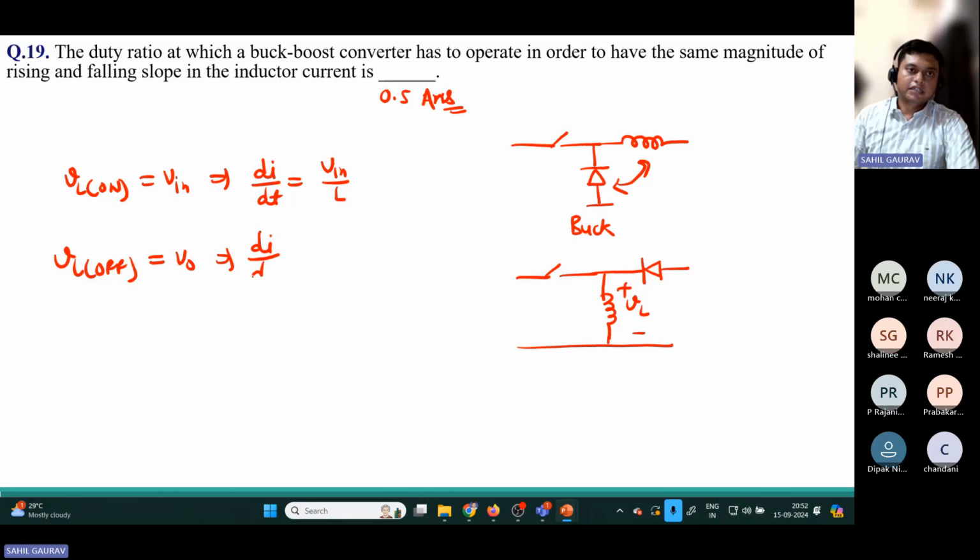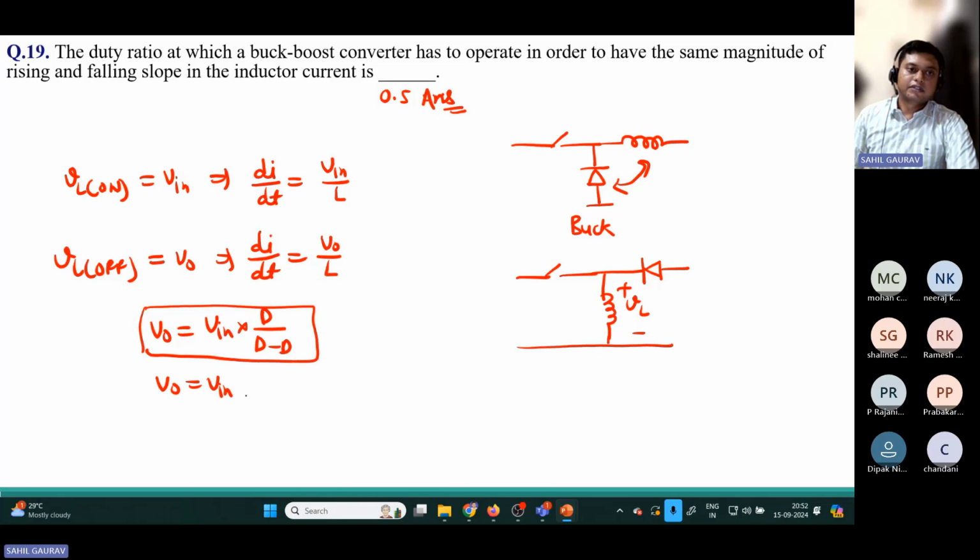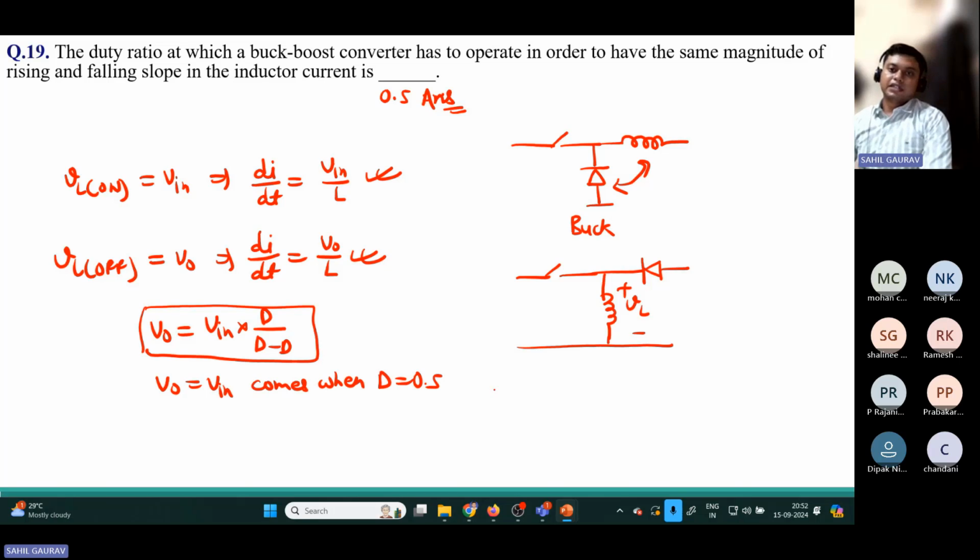So di upon dt, the slope, equals V naught upon L, and we know the relation between output and input voltage is V naught equals V in into D upon 1 minus D. So V naught equals V in when D equals 0.5. In that case, both slopes will become equal. So this slope and this slope will become equal.